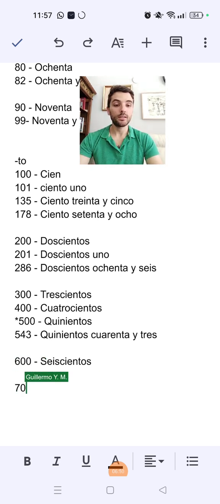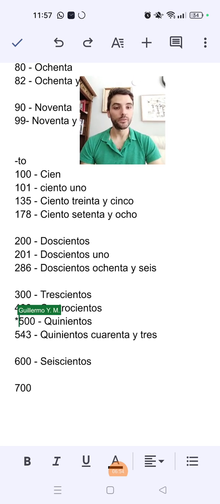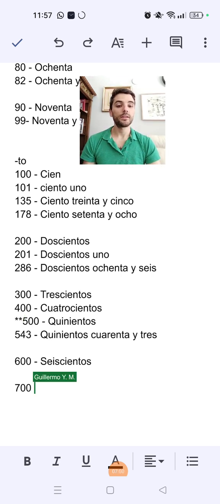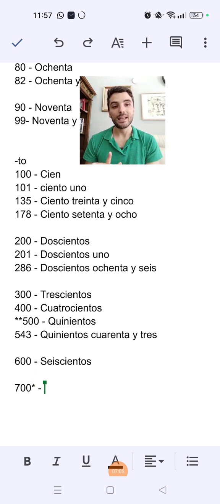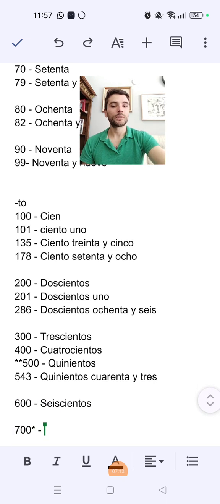Now, let's say that the 500 is super irregular, so we put 2 stars, same concept as in the consonants. Now with 700, we're going to put 1 star. It makes the same adaptation as in number 70. Do you remember? What did we do in number 70?